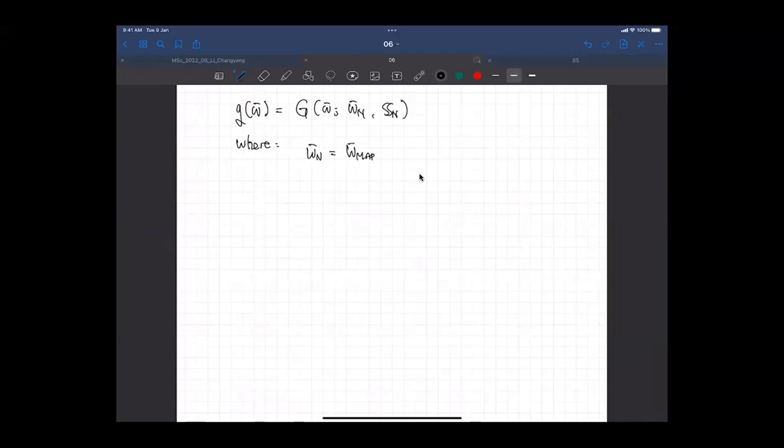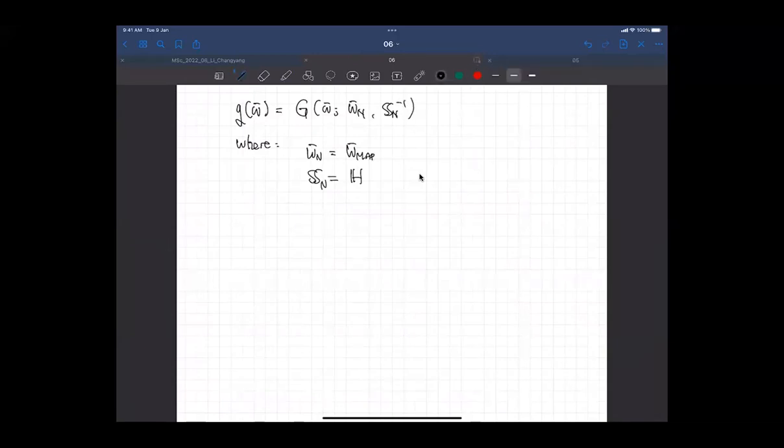So you can use MAP to get this estimation of W, and the covariance S_N equal to H. Again, I'm not sure about this H inverse, so let's put in the proper writing.